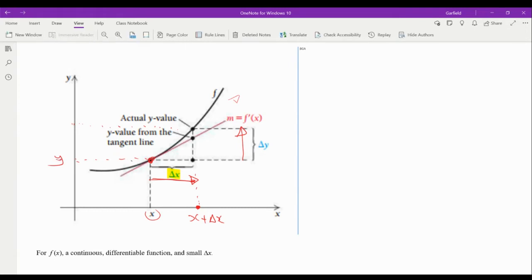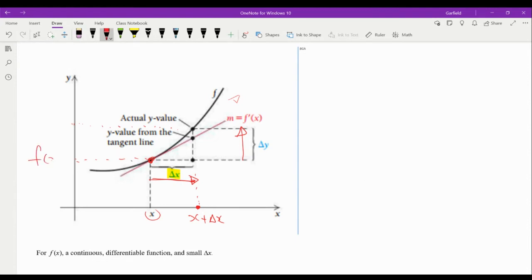You know what, let's change this. Let's not call it y. Let's call it f of x. So if this is f of x, what would the y value be up here? Or let's say here then, the actual y value.